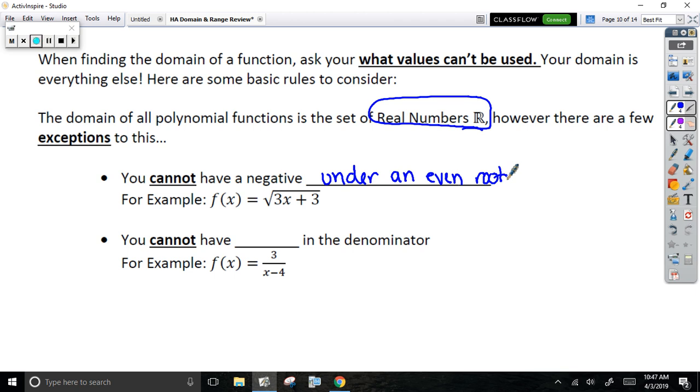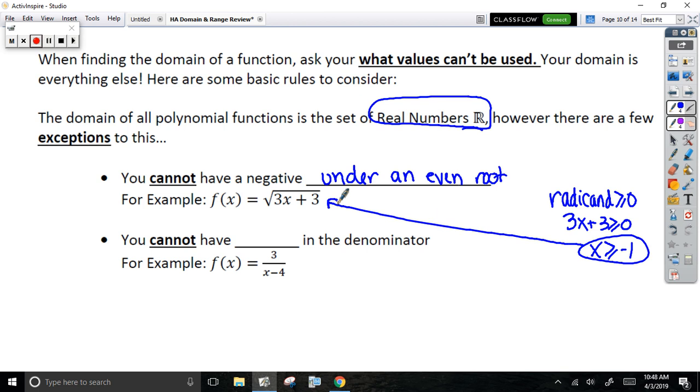So if you remember, we used to say the radicand must be greater than or equal to 0. So in an example that was given to us, we would have 3x plus 3 is greater than or equal to 0 and solve for x. Subtract 3, divide by 3. The domain would be x has to be greater than or equal to negative 1.